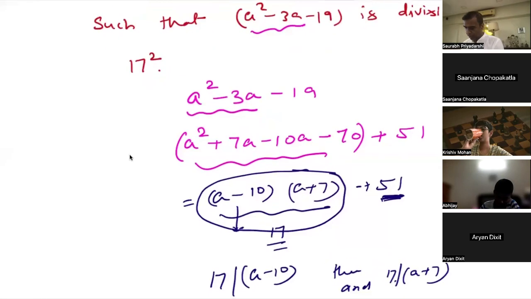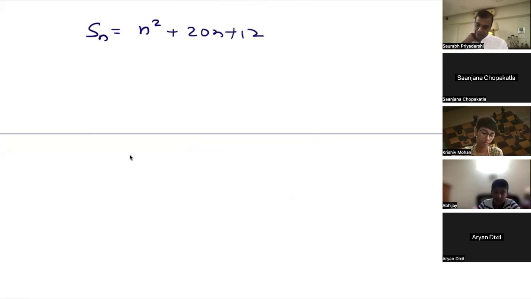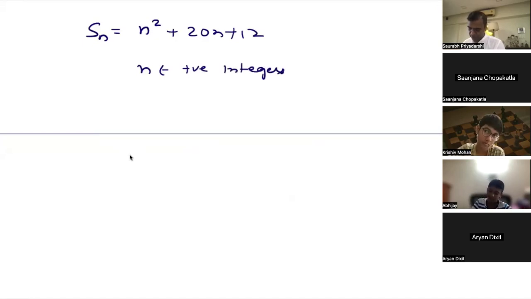If you go for the pre-RMO questions, maximum they will ask something like this. Sn is given as n square plus 20n plus 12, n is a positive integer.